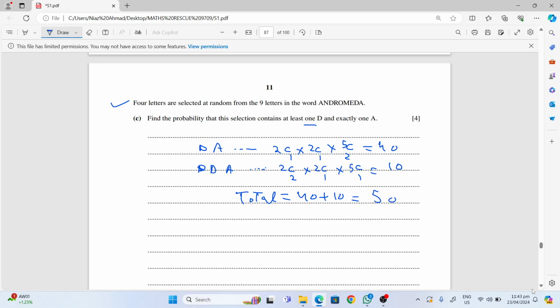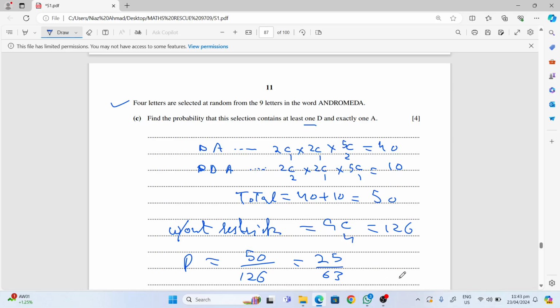Without restrictions, the total number of selections is 9C4, and it is giving you 126. So the probability is 50 over 126, that is 25 over 63. That's the end of this paper.